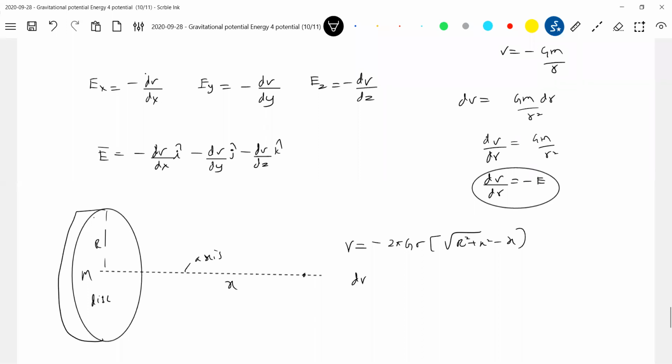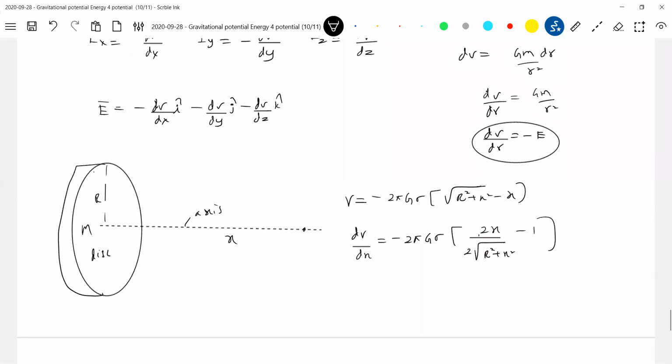So dV by dx should be equal to how much? 1 by... 2x minus 1. So this should be equal to minus of dV by dx. So 2 pi G sigma. So finally this is equal to E.